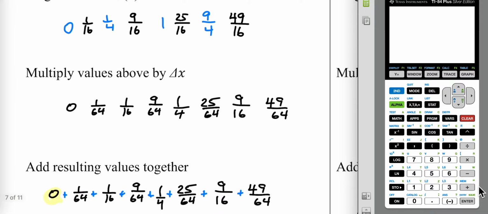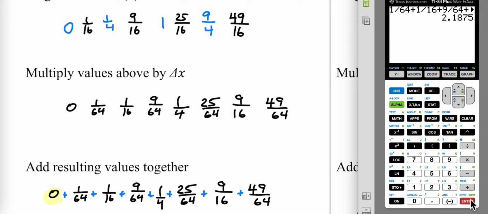And then we would add those together. So let me just crank that out real quick. I'll neglect the 0. The 1 divided by 64 plus 1 divided by 16 plus 9 divided by 64 plus 1/4 plus 25 over 64 plus 9/16 plus 49/64.